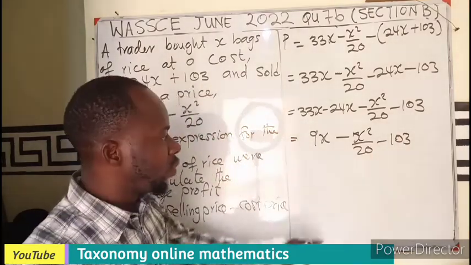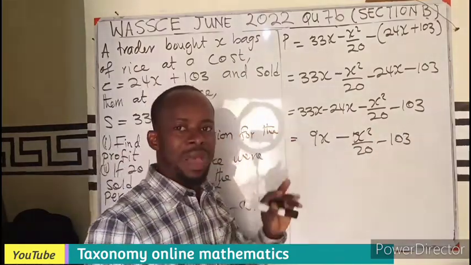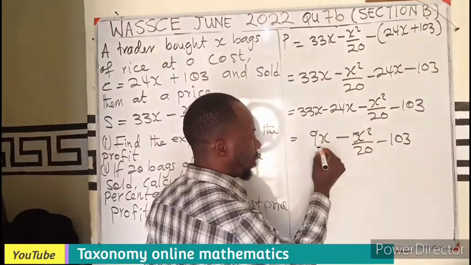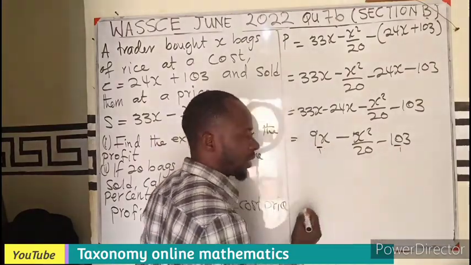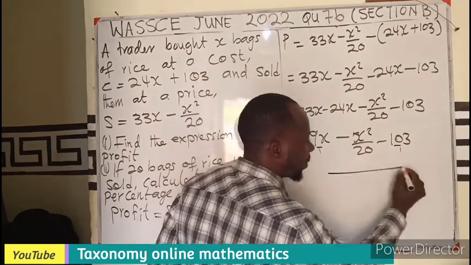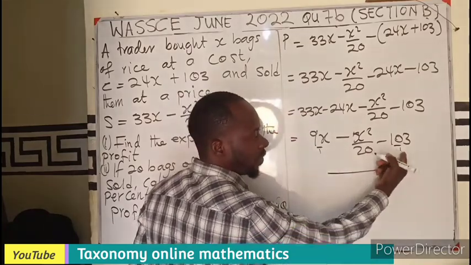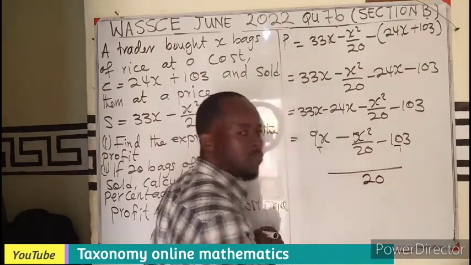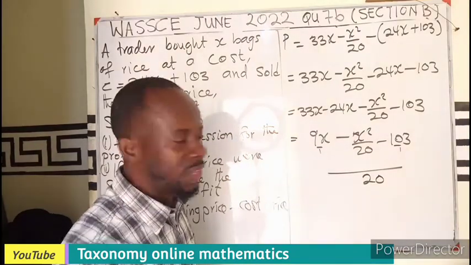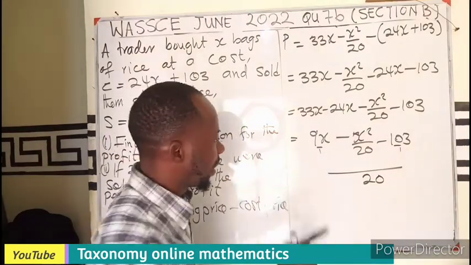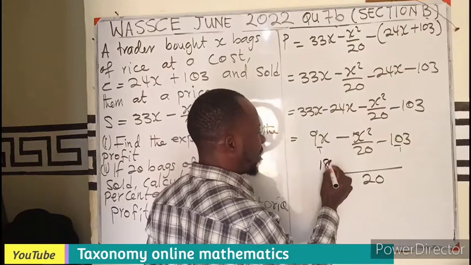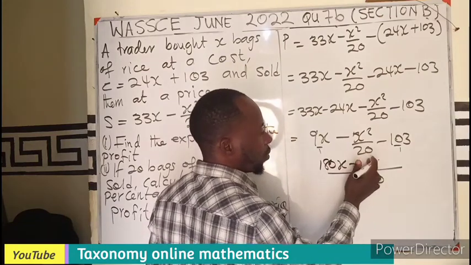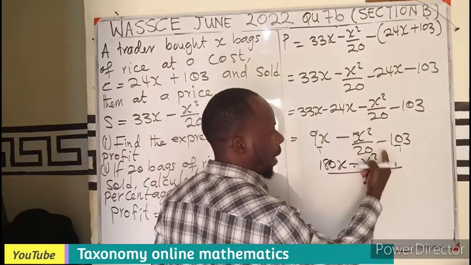In this case, we need to put all this into one single fraction, because this is over 1 and this is over 20. So our LCM will be 20. 1 into 20 will still be 20, times this will be 180x. Then this becomes x squared.